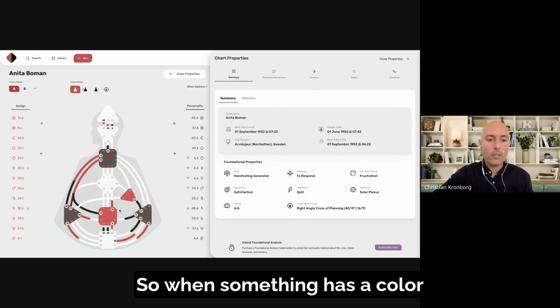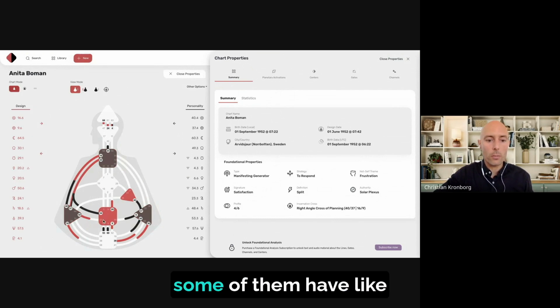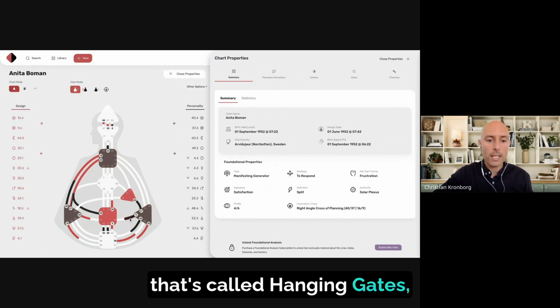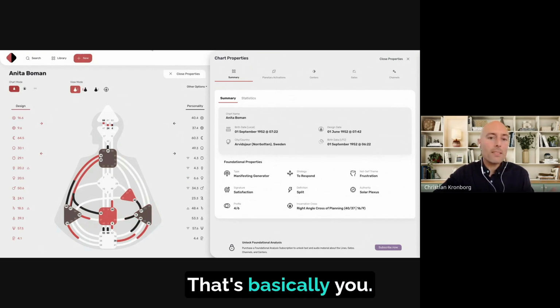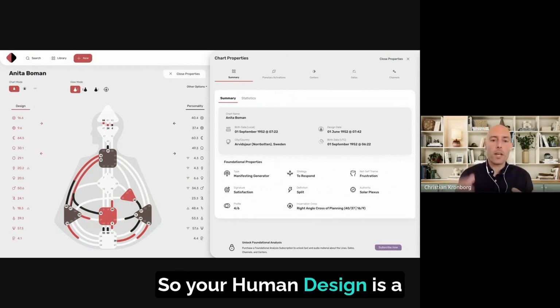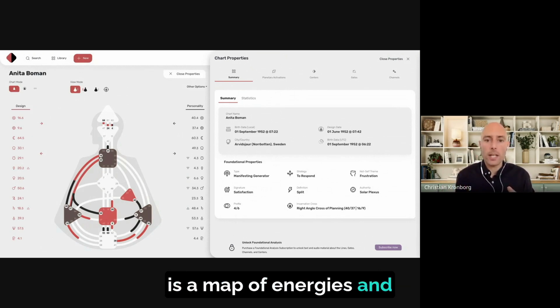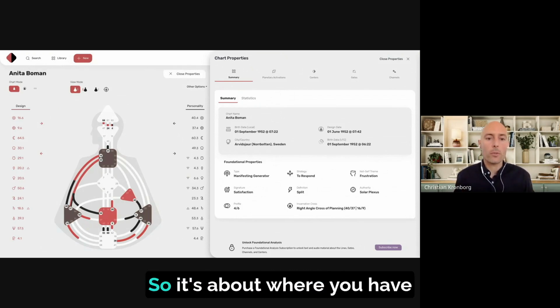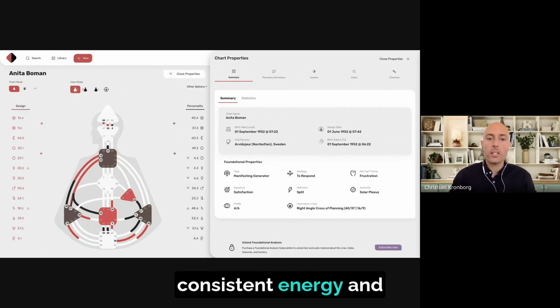So when something has a color here, for example, some of your centers have a specific color, or some of these gates, like where you have something that's called the hanging gates here, that's basically you. So your human design is a map of energies and energy circuits that express themselves in a certain way. So it's about where you have consistent energy and where you don't.